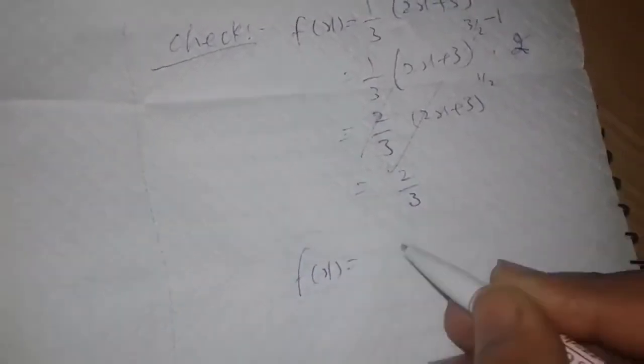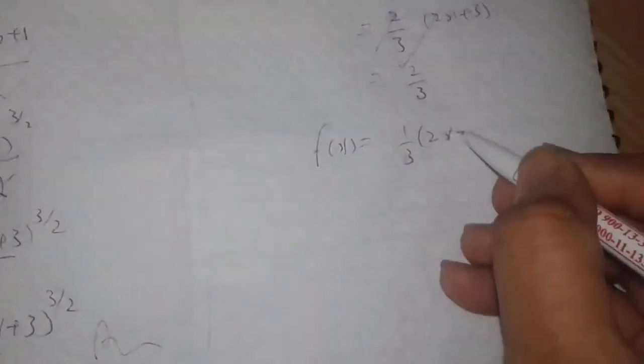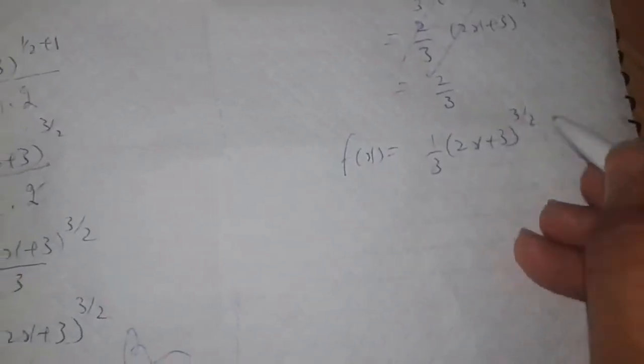Sorry, I have made some mistake in the derivative of this function, so I will take it again. 1/3 (2x + 3)^(3/2).